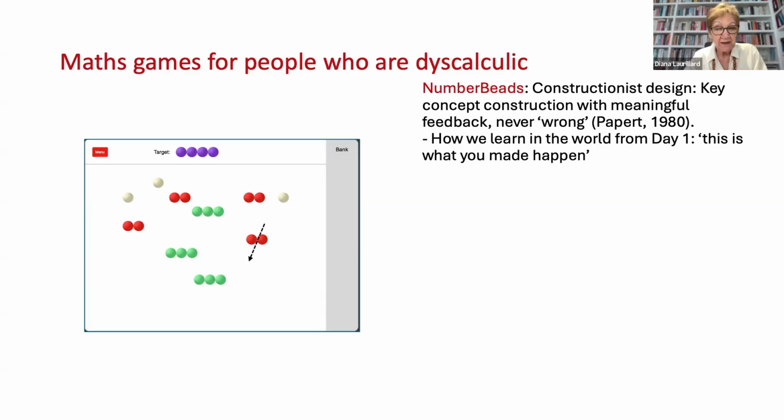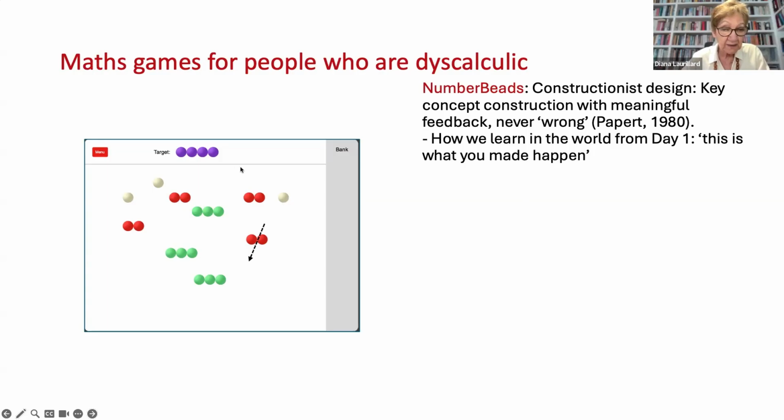And it describes very well the way in which we learn about the world from day one as babies. We try to grab something and wave our arms around and it doesn't quite hit. And then suddenly it hits. And then you try to think, what did I do there? And how do I do that again? It's just learning by having a goal in the world and you make some kind of action and you get meaningful feedback on your action, which tells you what you made.